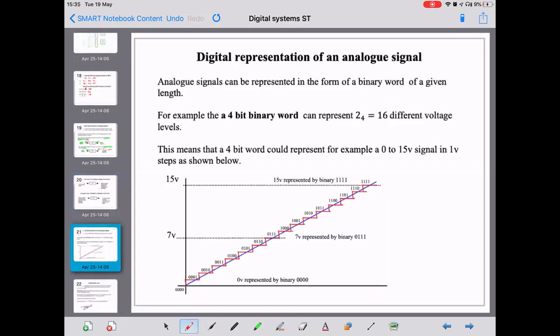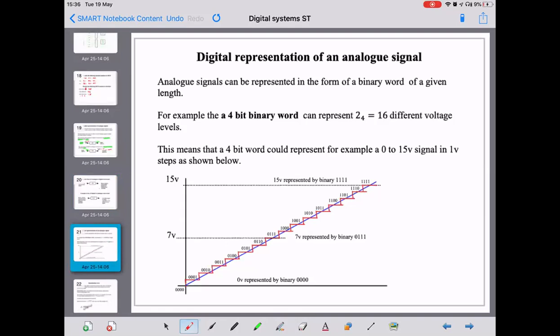Analog signals are represented in the form of a binary word of a given length. If we take an example of a 4-bit binary word, which we're fairly familiar with at this time, it can represent 2 to the 4, which is 16 different voltage levels.